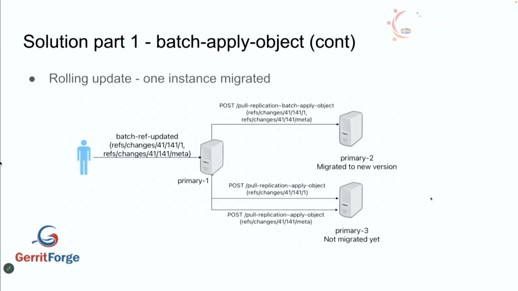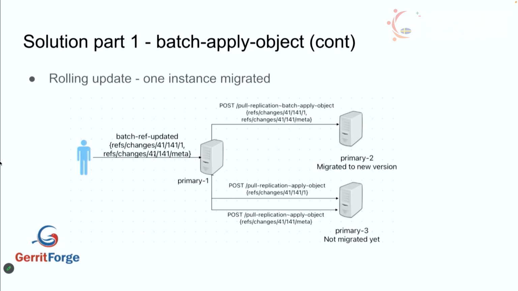Now, let's say we have started the rolling upgrade. So primary 2 has come down, it has been upgraded to the latest version of pull replication, which has all the new changes, and the flag is set to true in the configuration.